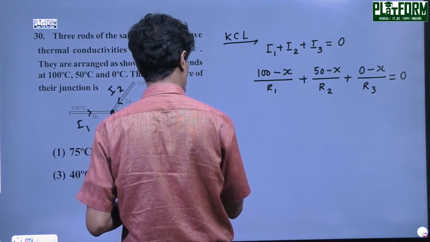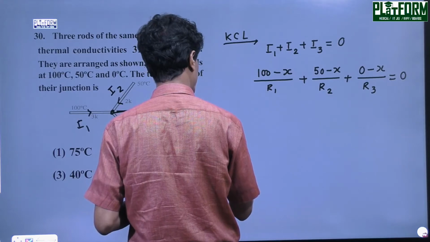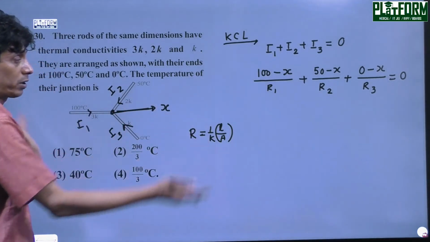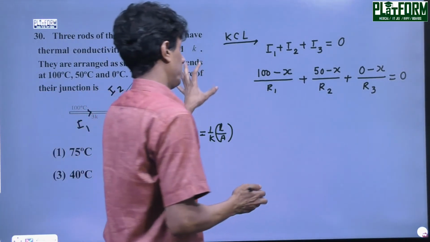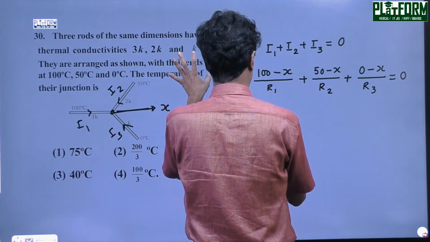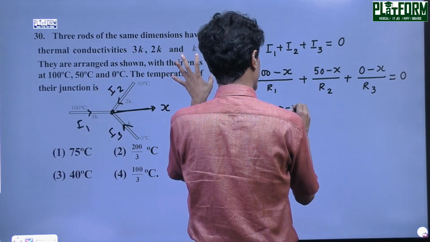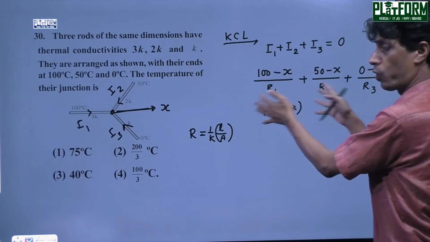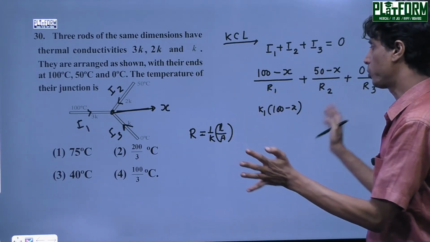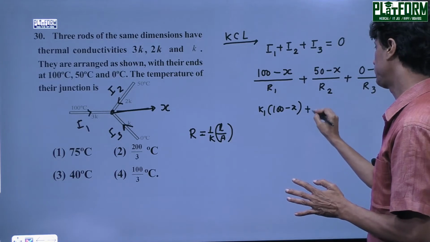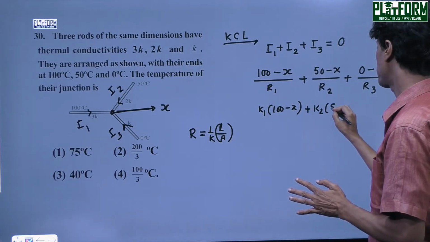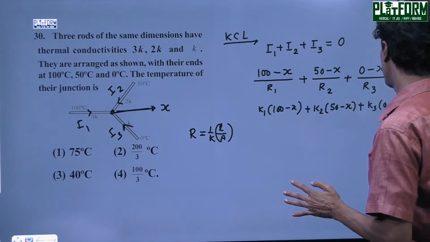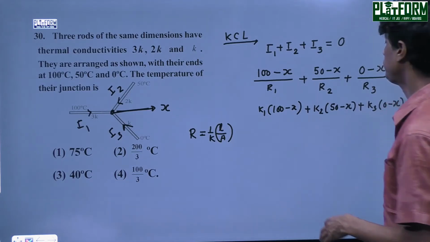Thermal resistance is equal to 1 by K times L by A, where L is the length and A is the cross section. L by A is common for all conductors, so the common terms are omitted. So this becomes K1 (100 minus X), plus K2 (50 minus X), plus K3 (0 minus X) equal to 0.